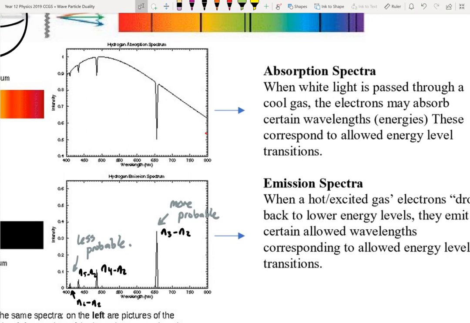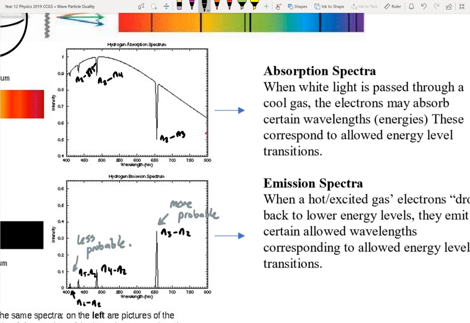What this is telling us is this is going to be an electron that's going the opposite. So instead of going from 3 down to 2, this was because an electron went from 2 up to 3. And this one was 2 up to 4. And this one was 2 up to 5, if that makes sense.